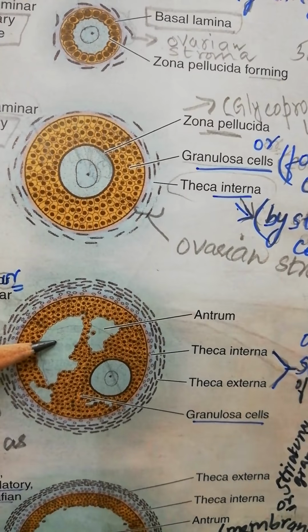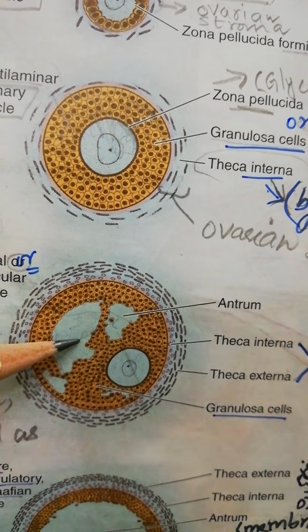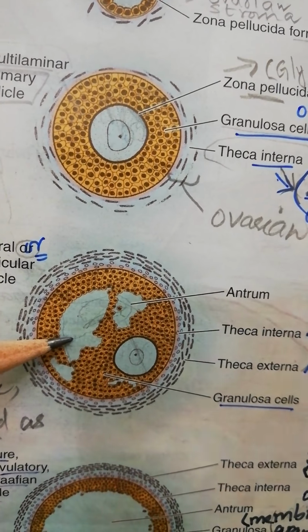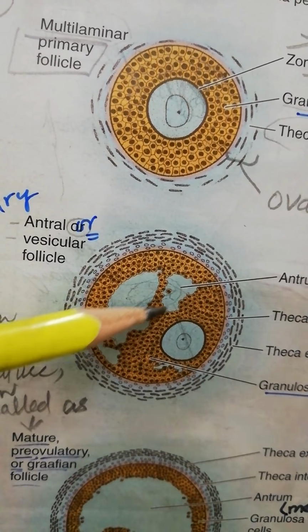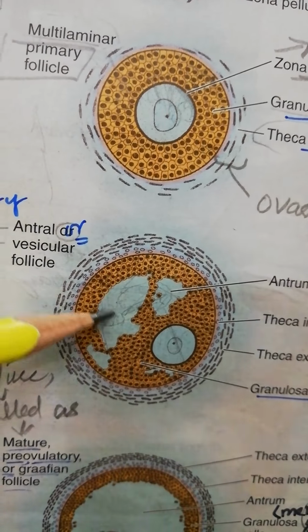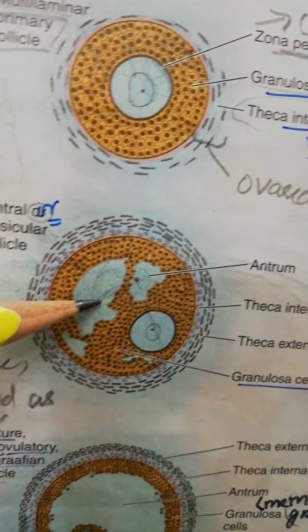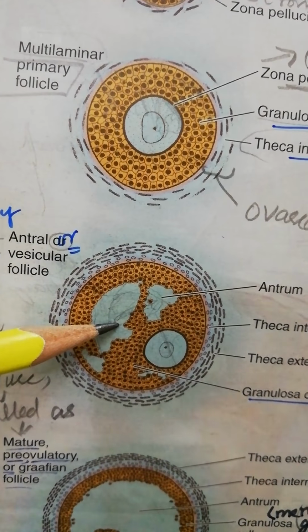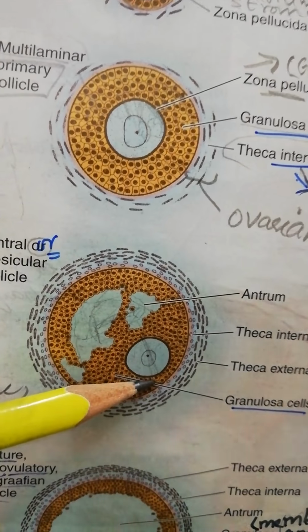A small space is produced, and finally they will coalesce, they will join each other to form a large cavity you will label as the antrum. Here, the granulosa cells are going to produce an inner space and produce a fluid inside called liquor folliculi. This is present in between, pushing the oocyte to one side.